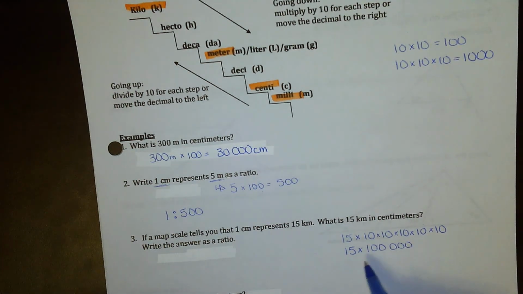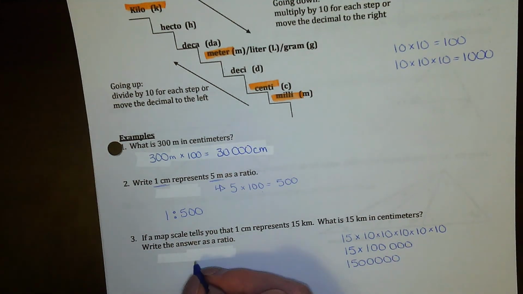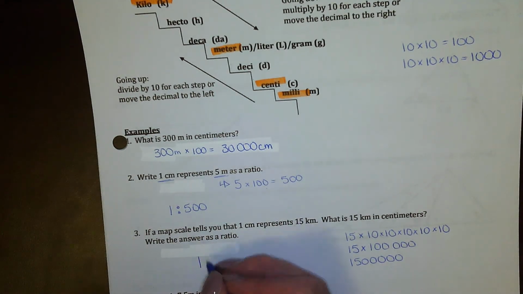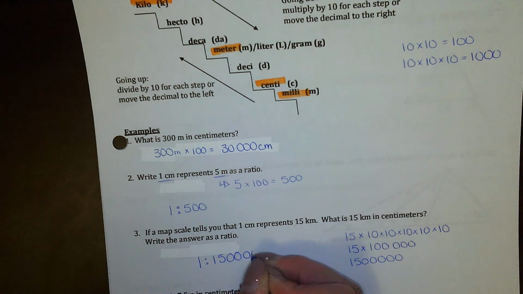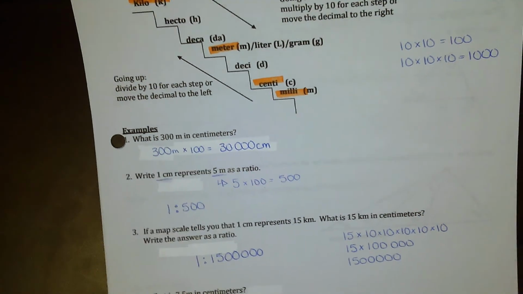Then I'm going to multiply that together and get 1,500,000. So my ratio is just going to look like 1 to 1,500,000.